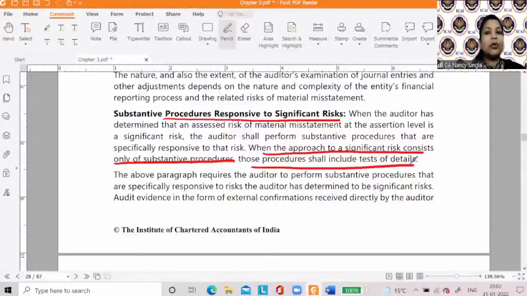What is meant by responsive to significant risk? If there are risks, the auditor will respond to those risks under SA 330 by performing those audit procedures whereby he'll be checking everything in detail. So Pooja is saying, no ma'am, we will perform test of details, and that is correct.